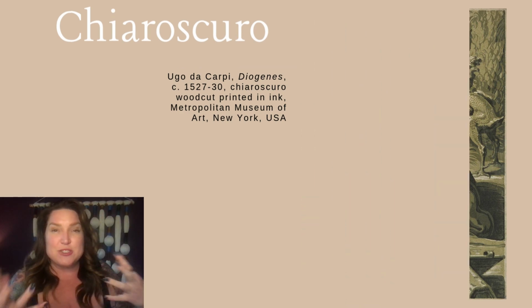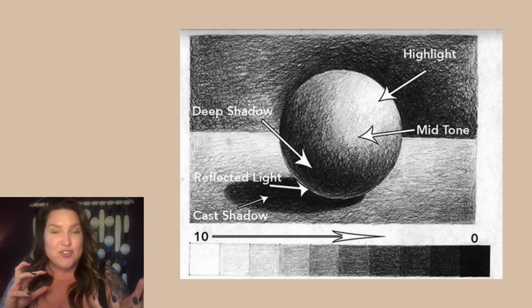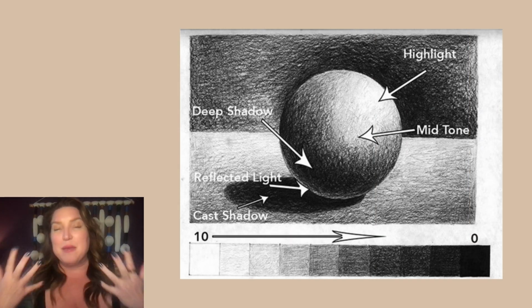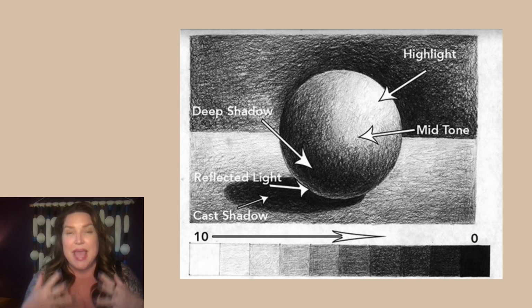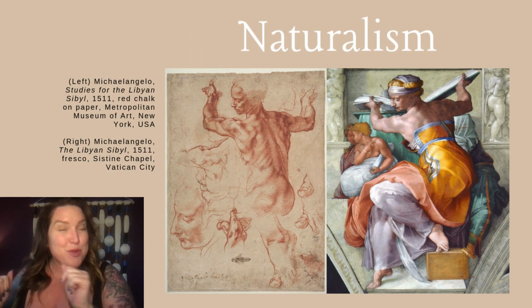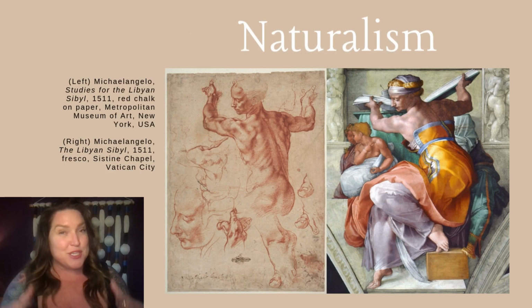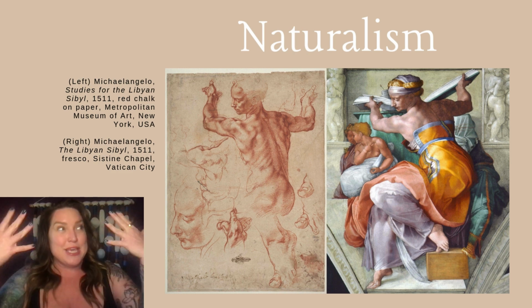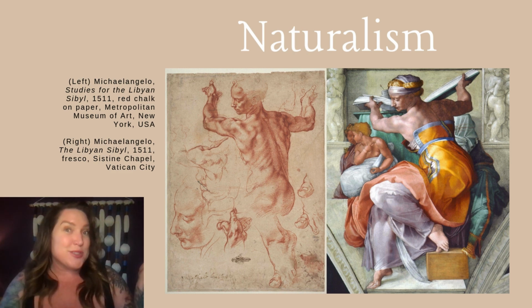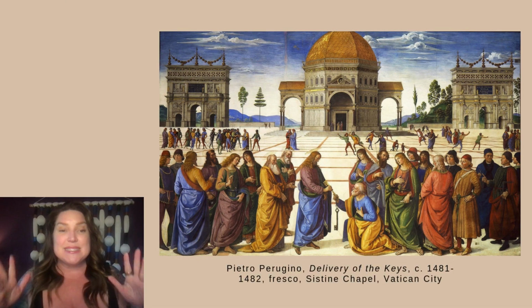This is when artists start to use light and dark to shape and model forms. And this all creates a greater sense of naturalism. And you remember from our last video that naturalism means that the image in the artwork sort of looks like real life.